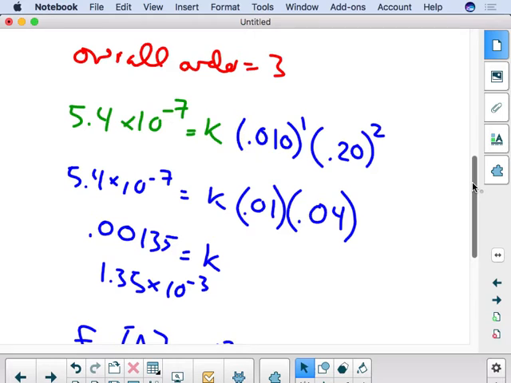The equation. Should we do k now? Yeah. 2k. Overall order is 2.